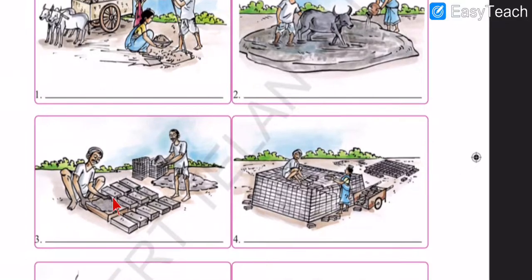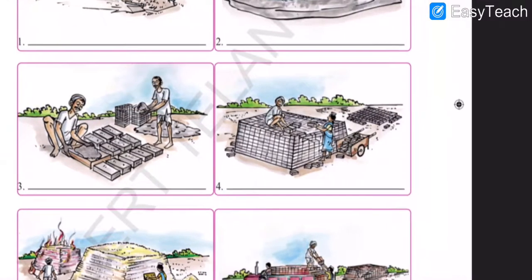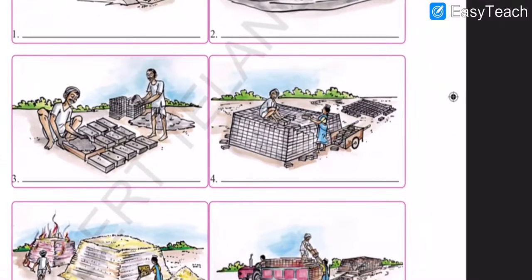In the third picture, you can see filling the molds with mud. In the fourth picture, arranging the dried bricks in clean.